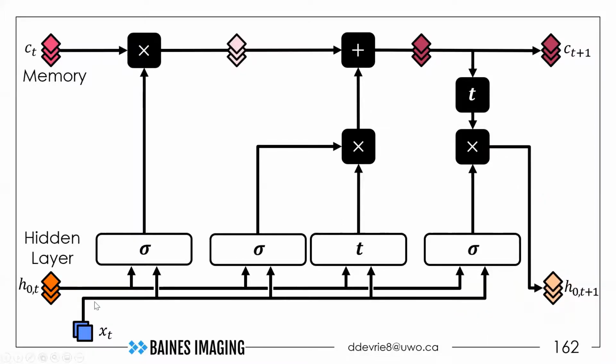So we can see here this really simplified our diagram and allows us to see the big pieces. Each of these gates and candidate memory and these element-wise operations allow us to interact with the memory, both giving values, forgetting values, inputting values, and then taking values out of it.